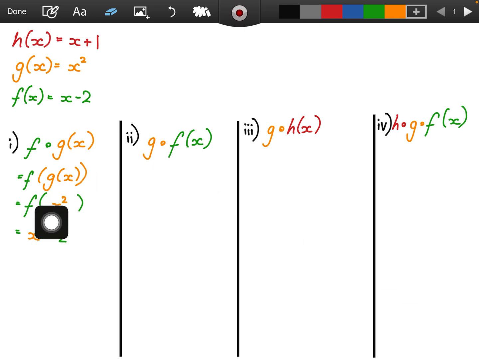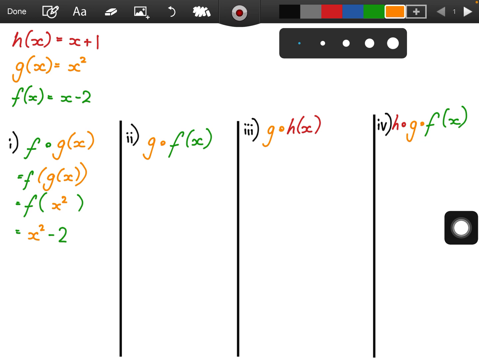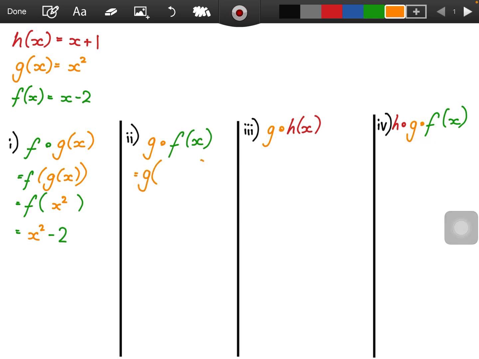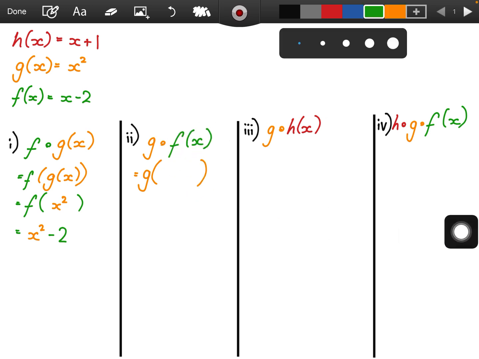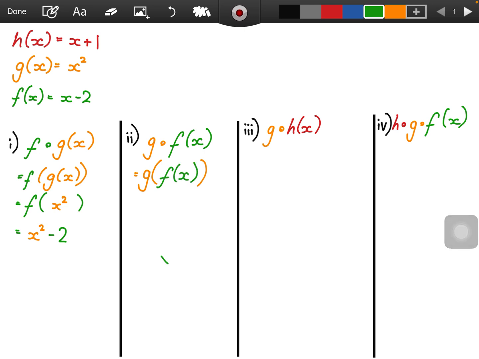So maybe pause it now and have a look at this one. So the function g after f of x. That means that I am applying the function g on whatever the output from f of x is.